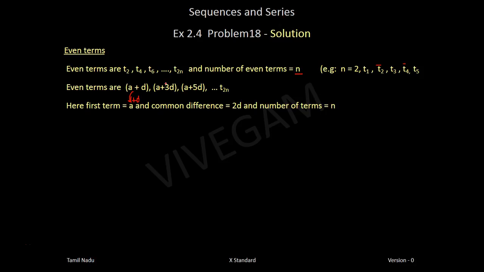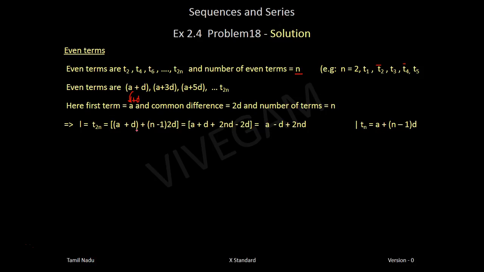So this minus this is 2d, this minus this is also 2d. Am I right? So the number of terms is n. Now we'll have to calculate the last term. That is T2n. But for our calculation, this is only a symbol. So what is the formula? Last term is first term plus number of terms minus 1 into d. So what is our first term?